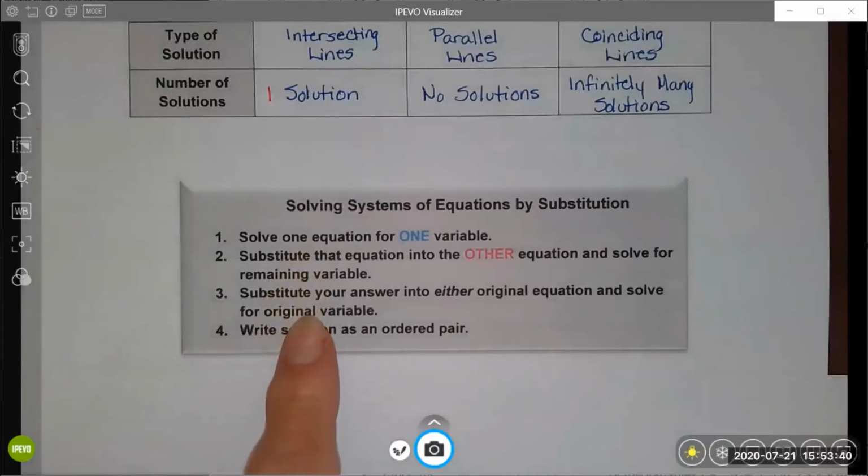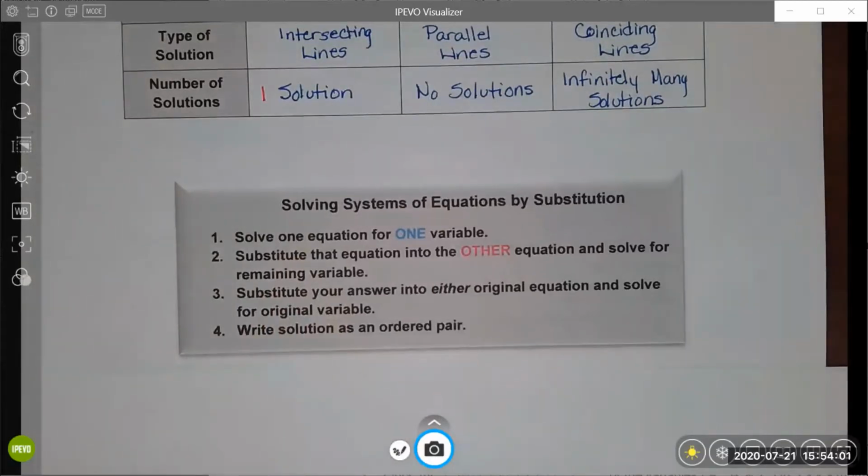We solve for the remaining variable. Once we have that remaining variable, then we can substitute it into either of the original equations to find the original variable we solved for, and then we write our solution as an ordered pair. Seems pretty cyclical, I'm not going to lie, but I think we can master this. So let's look at an example that we can do together.